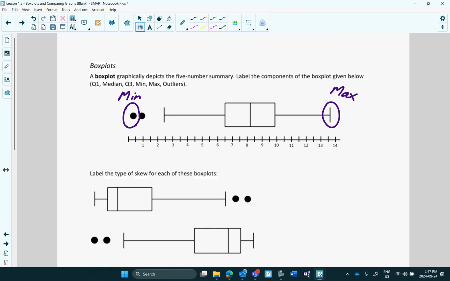Going to the rectangle, the vertical bar inside the rectangle will be where the median is located. The left side of the rectangle will be Q1, and the right side of the rectangle will be Q3.